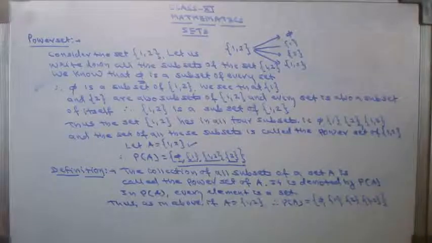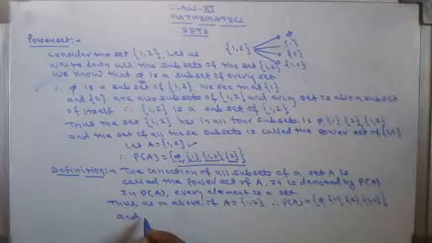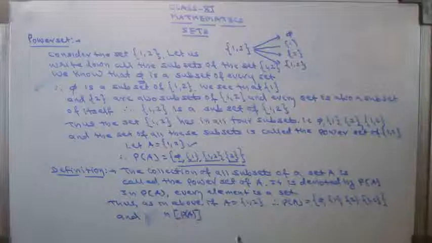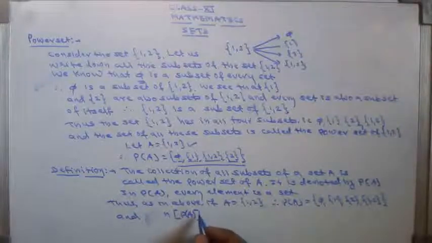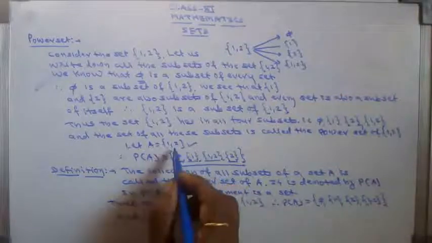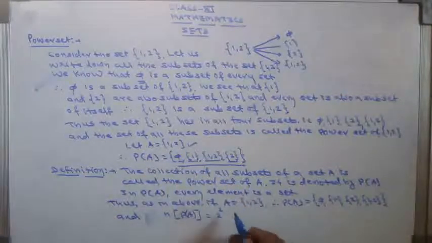This will be the power set. Also note the number of elements in the power set of A equals 2 squared. As there are 2 elements, you take the square, 2 squared, so that is 4.